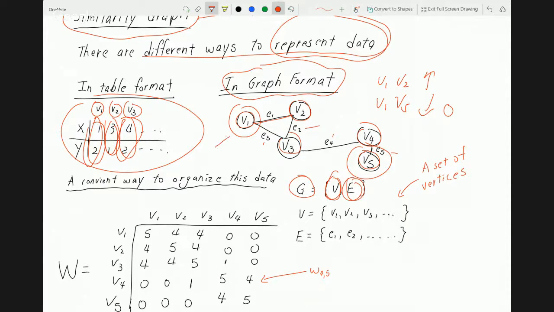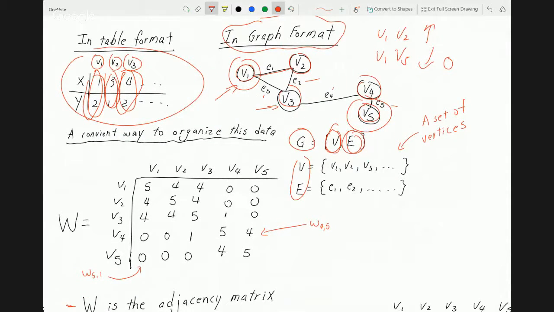So there's a set of vertices, the entire set of V1, V2, V3, basically every single vertex in this whole graph, as well as the edges, E, between them. Okay, so that's what that is.